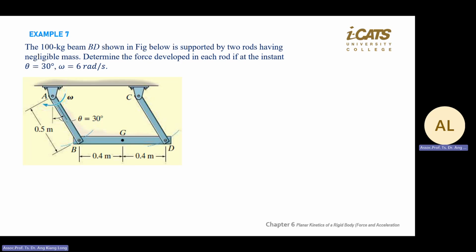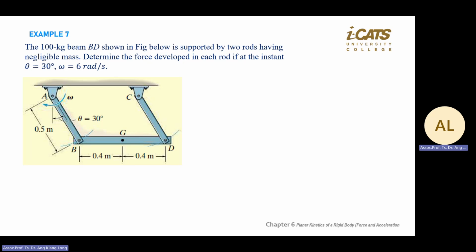So this one you can split into X and Y. You need to balance this point B, so your A_Y will be up, and to balance F_AB X, your A_X needs to point that way. But we assume like this first.